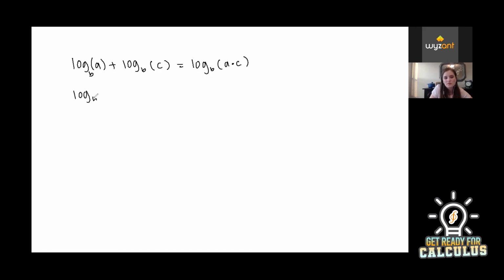If you have log base b of a minus log base b of c, you're going to have log base b of a over c. And the other really useful one that you're going to use all the time is log base b of a to the c. Logs are really cool in that they allow us to bring that c down. That's probably the most used trick of logs.